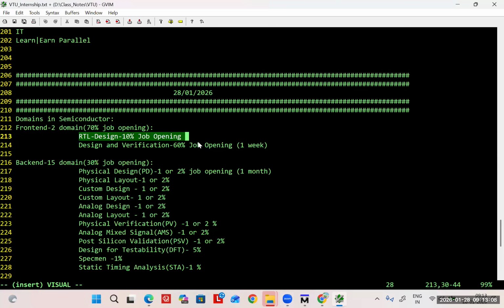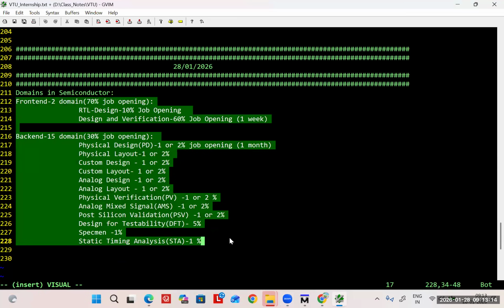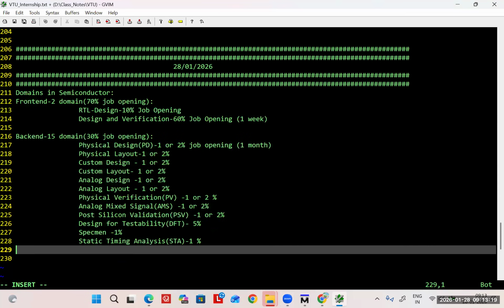RTL design, correct. RTL design is also correct. I'll give you 1 minute. If anyone wants to copy, you copy. Then I'll scroll down. If you want to note down, take notes immediately.